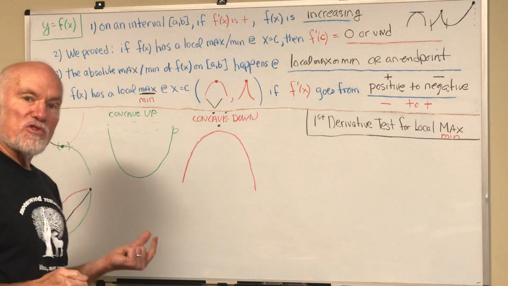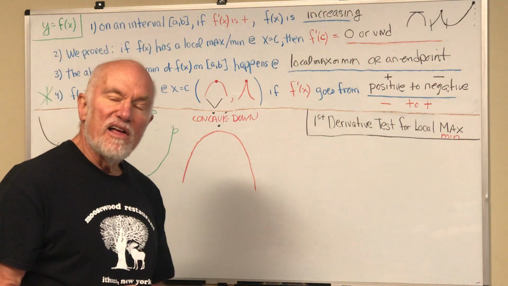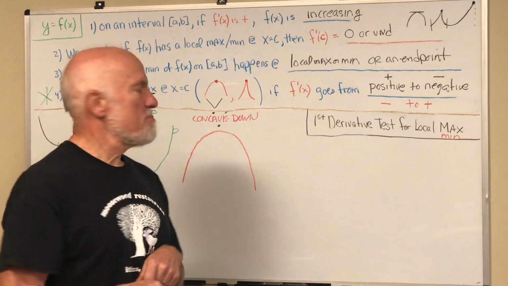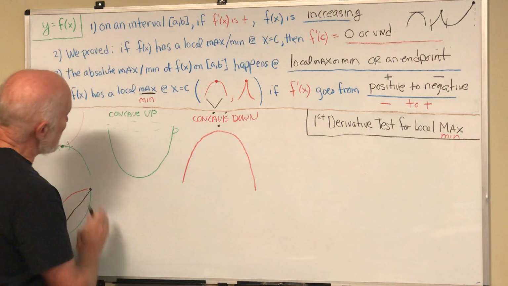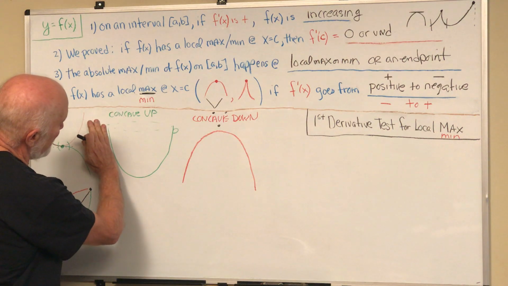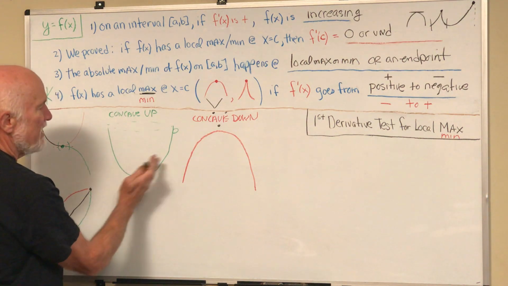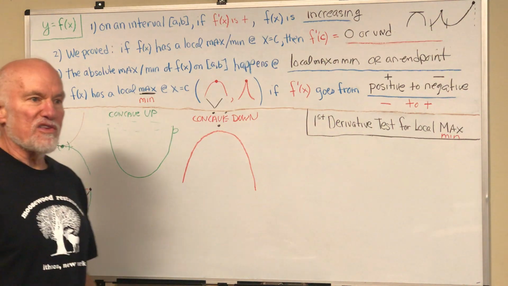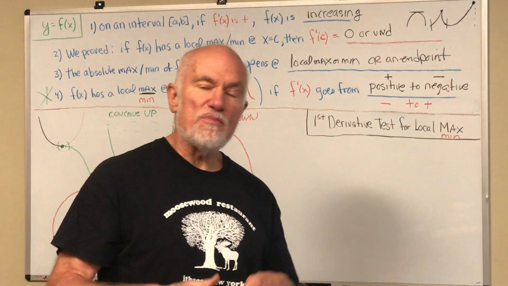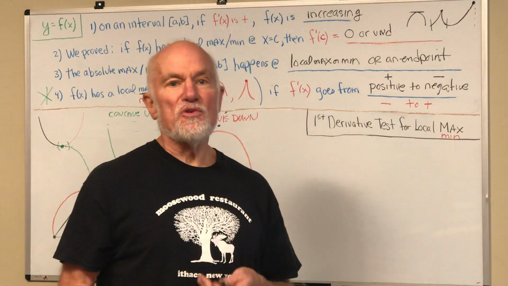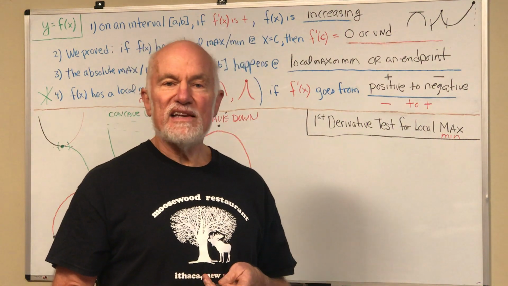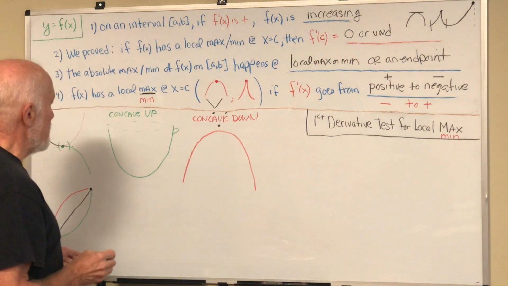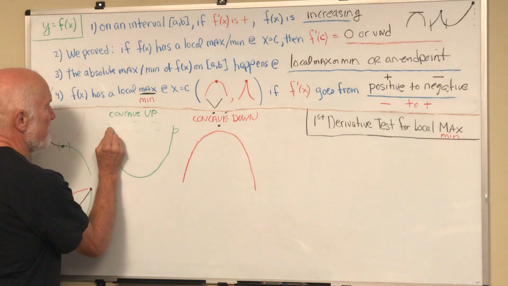But what we're really interested in is how can we tell, using the derivative, which way it's going to be? Well, you can see that the derivative here, since the function is decreasing, is negative, and the derivative here is positive because the function's increasing. So we can't say just by the sign of the derivative whether it's concave up or concave down. But what we can do is take a look at the derivatives.